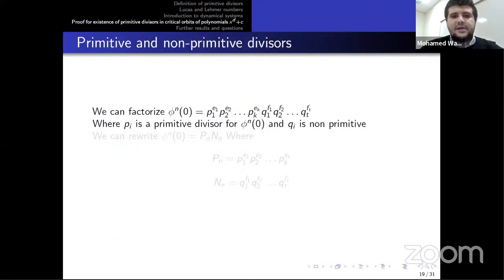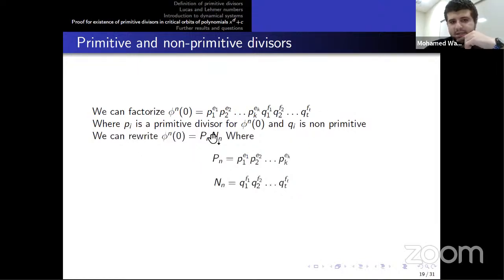Now we will write another way to factorize phi n. First, we can write it as a product of primes, and we can collect the primes that are primitive divisors for phi n as p's, and the non-primitive part, q's. Or we can write it as P_n times N_n, where P_n is the product of the primitive part and N_n is the product of the non-primitive primes.